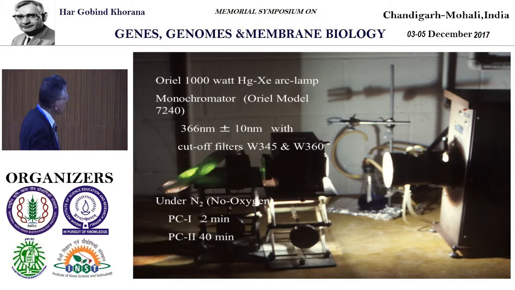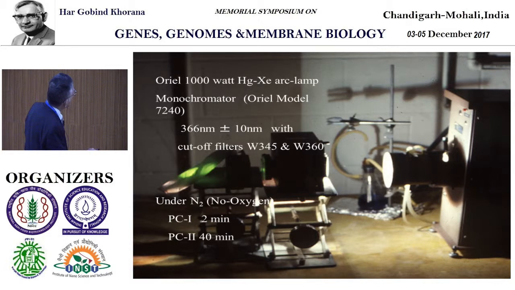So we tried to see the membrane embedded portion using phospholipid containing photoactivatable probes. And to do that, we checked into the conditions. Finally, we ended up using an arc lamp, a 1,000 watt mercury xenon arc lamp, but we pass the light through the monochromator, and then to make sure that we don't get any stray light, we purify the light with filters cutting off at 345 and 360.